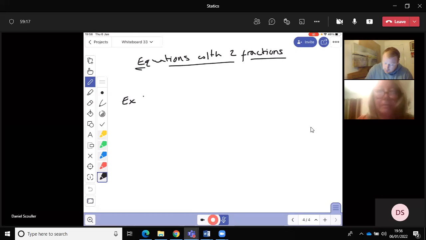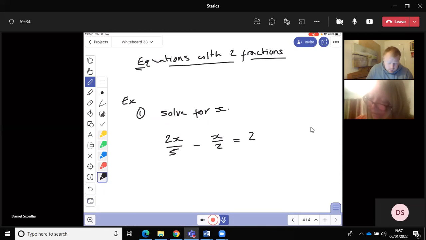Example 1. Solve for x: 2x over 5 minus x over 2 equals 3.